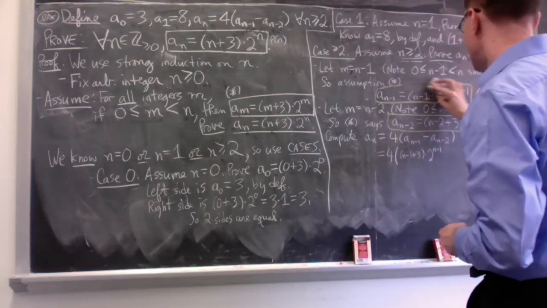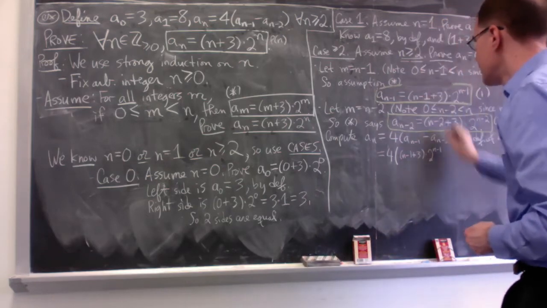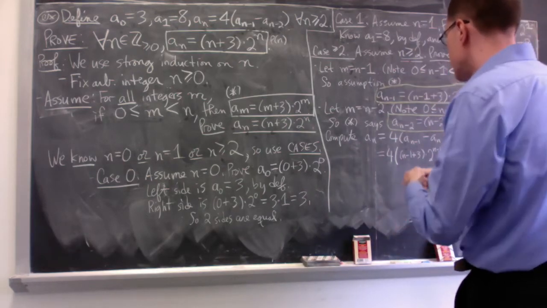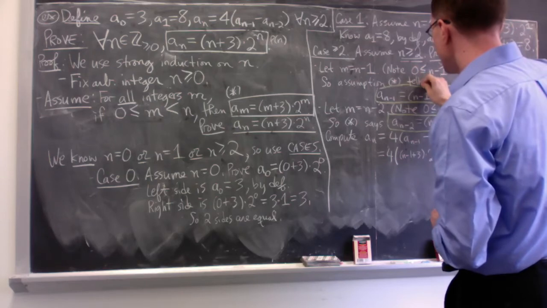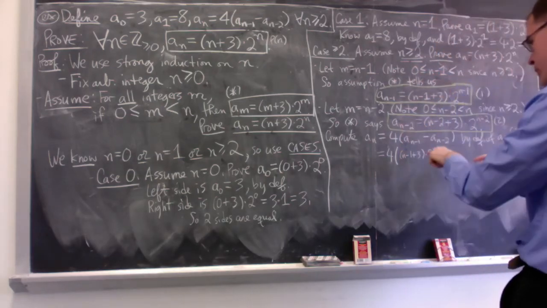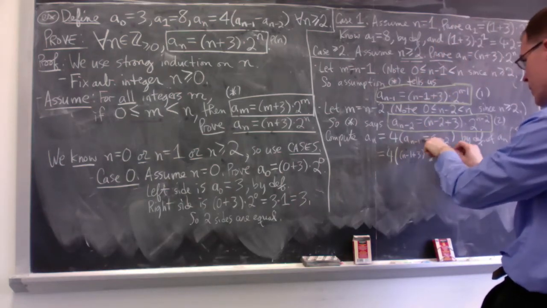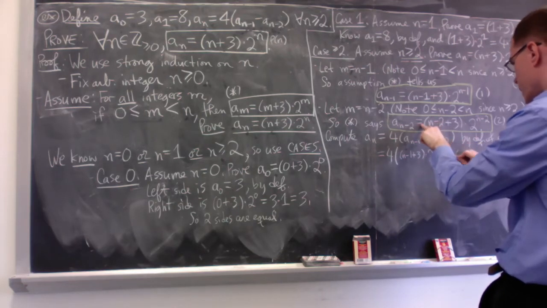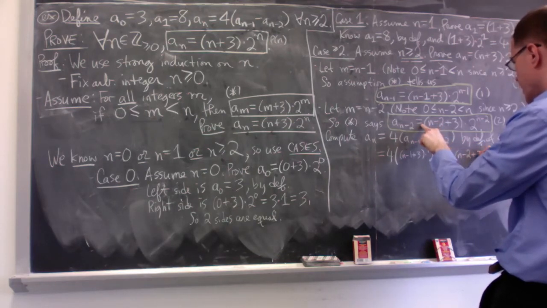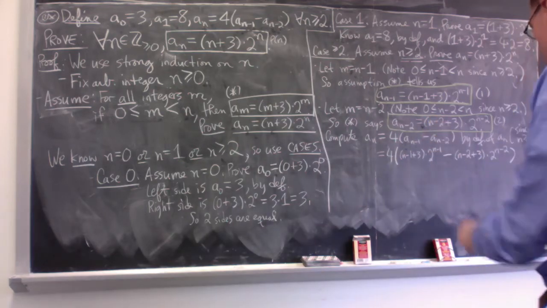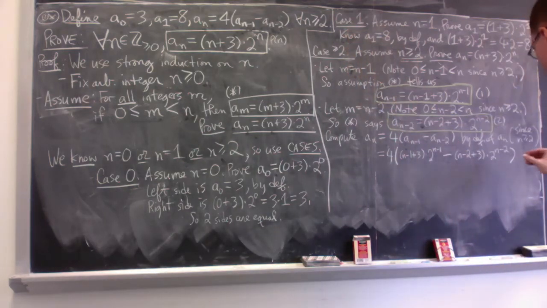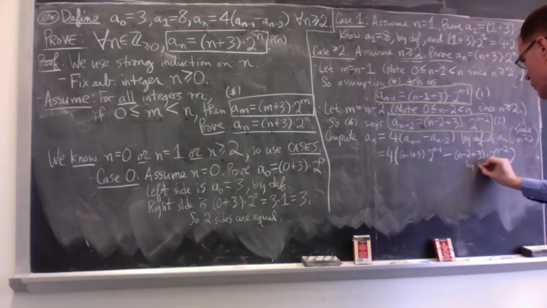All right, sorry about that. So now minus a(n minus 2), so now I have to take this guy and copy it in. All of that is being multiplied by 4. So this is true by 1 and 2.